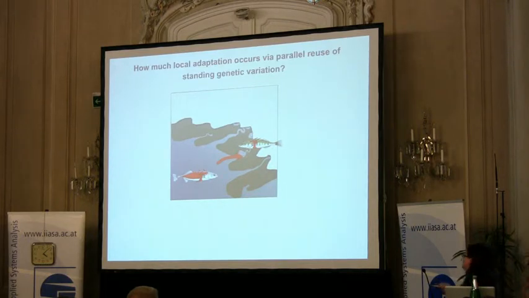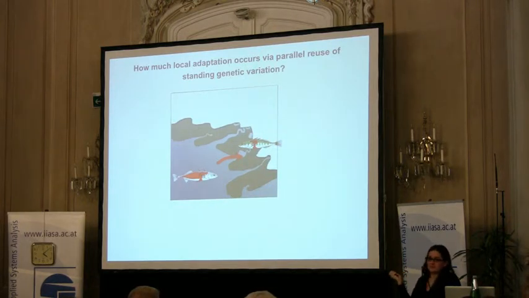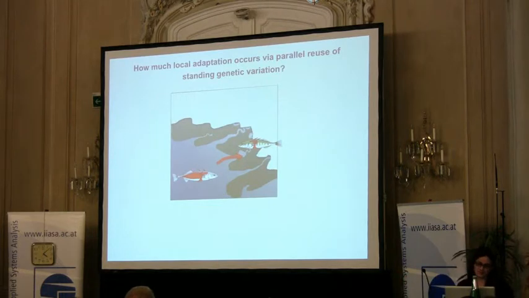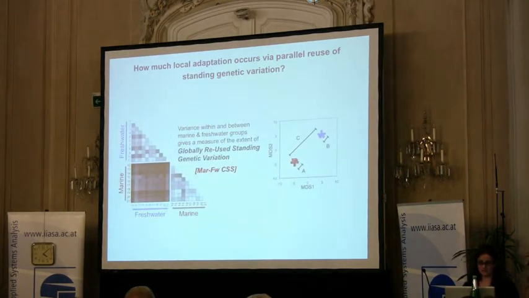Which brings me to the final part of the talk, which is thinking about when a single colonization event occurs: how much of the adaptation in the freshwater environment involves reuse of this standing genetic variation, and how much actually involves genetic variation independent to that particular population? We can start to look at that question with this data set.